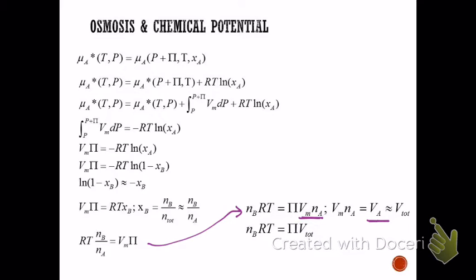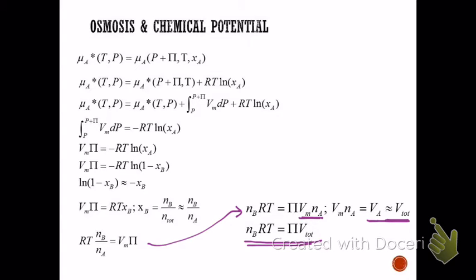And again, noting that the number of moles of solute is relatively small, we're going to approximate the total volume of the solvent as the total volume of our solution. So we end up with this expression which relates the number of moles of our solute to the osmotic pressure pi. You'll note, of course, that it looks very much like the ideal gas law, so it should be easy for you to remember.